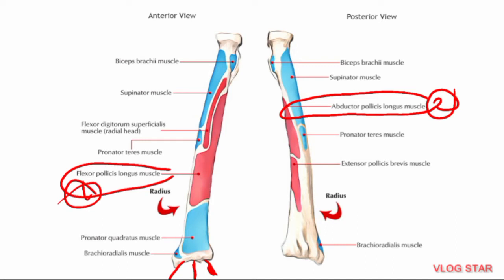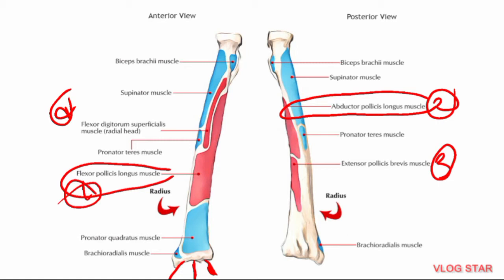Extensor pollicis brevis is the third muscle originating from here. And flexor digitorum superficialis is the fourth muscle originating from here.